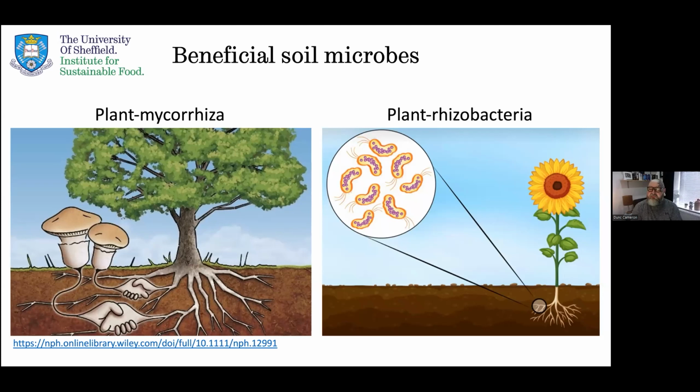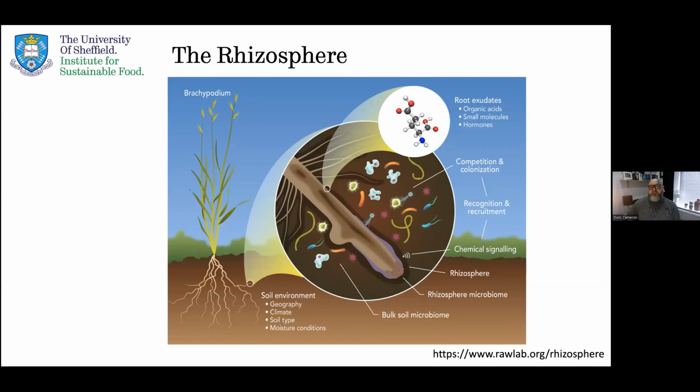But we also have bacteria in the soil that associate with plant roots, and many tens of thousands of bacterial species occupying the zone around a plant root that we call the rhizosphere. Now, the rhizosphere is the area of the soil around a plant root that is in direct chemical control of that plant.